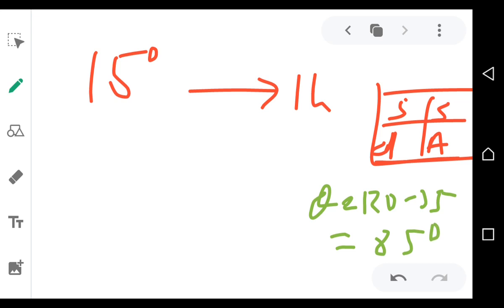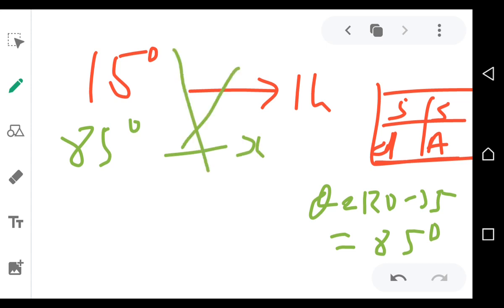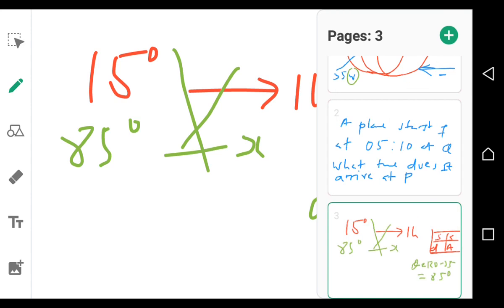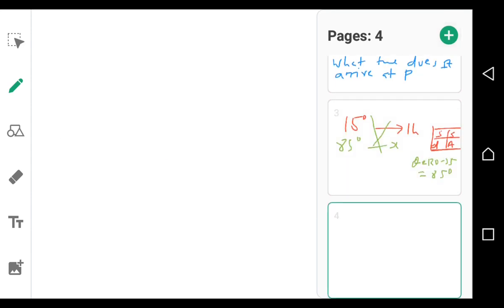So I'll take my 85 degrees. I want to find 85 degrees in hours, so I cross multiply. That gives me 15x equal to 85.